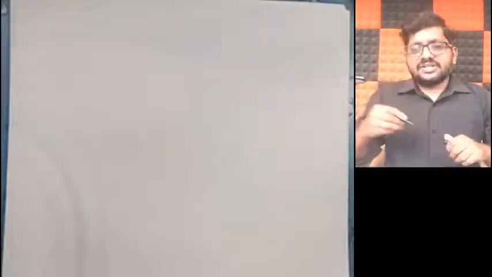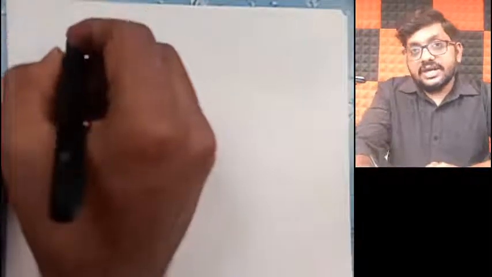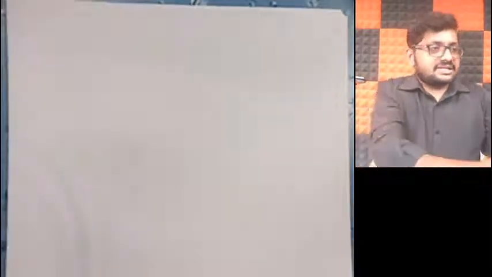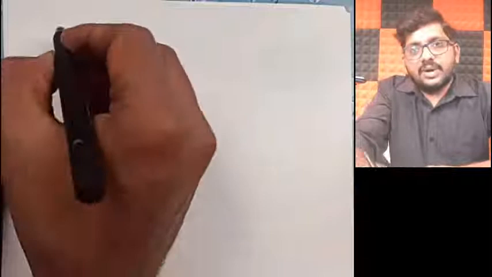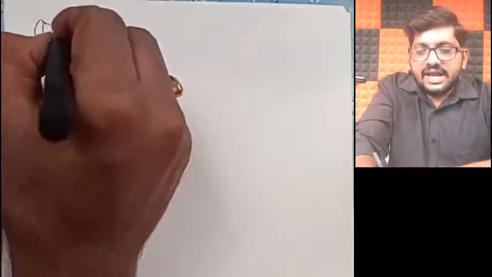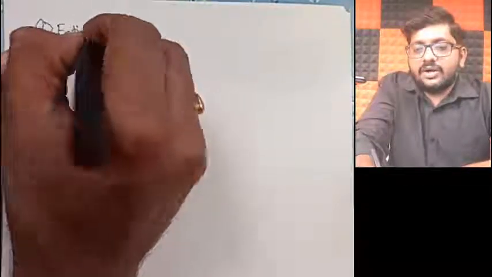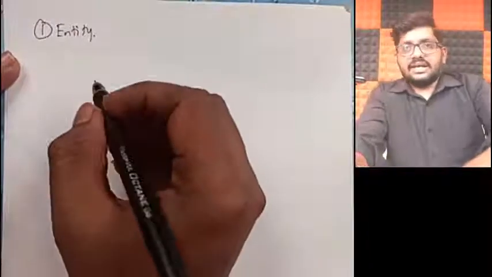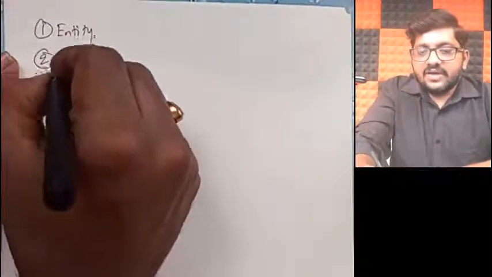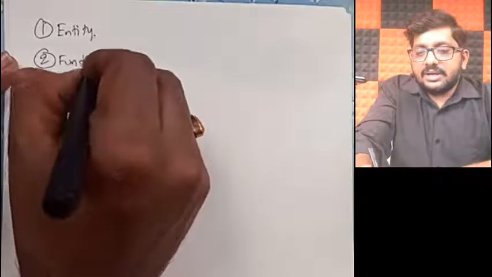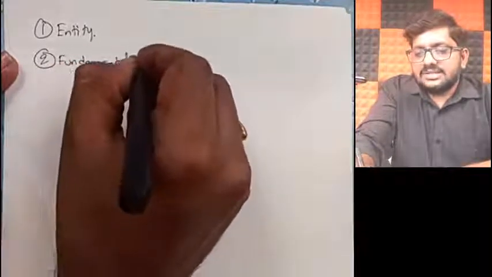Now, friends, yesterday we already covered this in our beginning class. Let me correct the focus of the notes so that you can see it better. We have already covered a few aspects. The first one is the entity concept, which we covered in class 2 of this series, and yesterday we started with fundamental accounting assumptions.